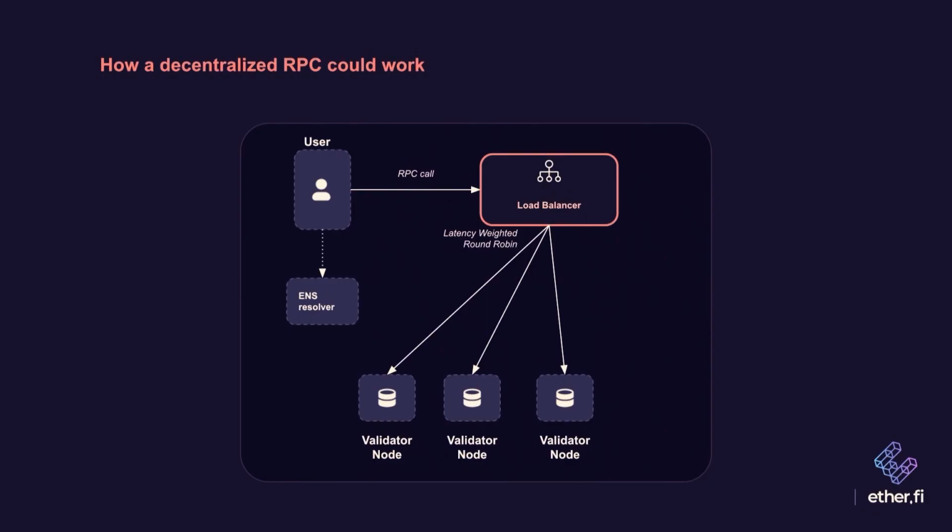You can see this everywhere in the market when you search for decentralized RPCs. There's one DNS address, one domain that you connect to, one load balancer run by one company, most of them American, and they would still censor you if OFAC wants them to censor. So it would be pretty much the same thing.